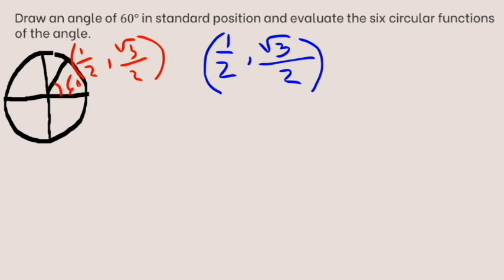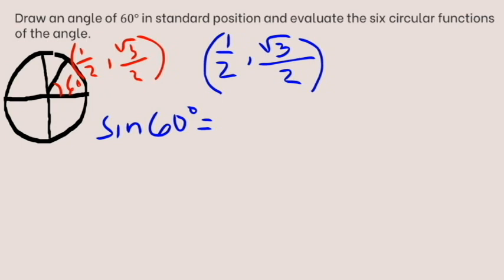So how do we find the circular functions of the value 60 degrees? Let us first determine the sine of 60 degrees. Since the given angle is in the unit circle, always remember that in the unit circle, our radius is equal to 1.